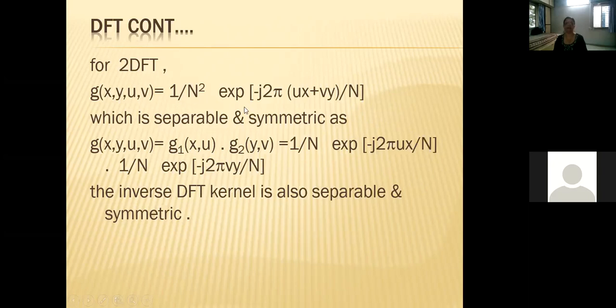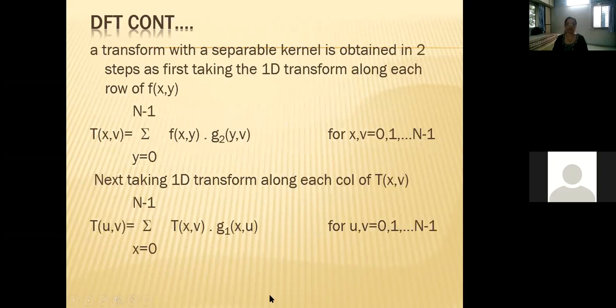Hence the DFT kernel is separable as well as symmetric. Now, because of this property, separability and symmetry, we can compute the two-dimensional transform by applying the one-dimensional transform twice.